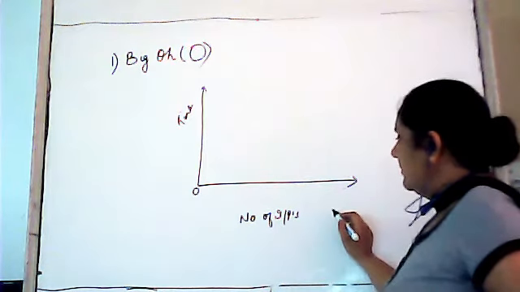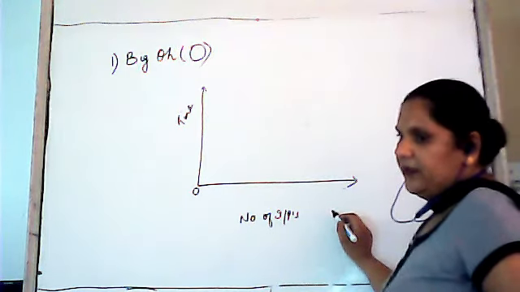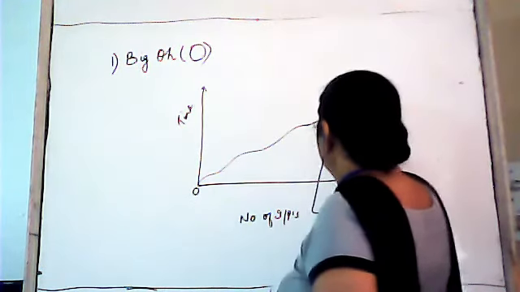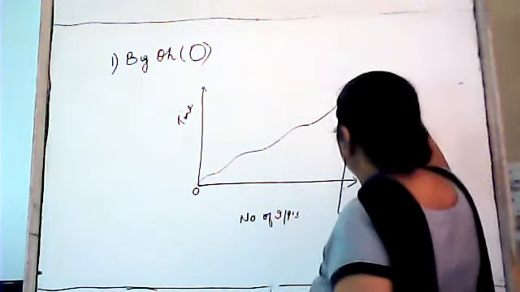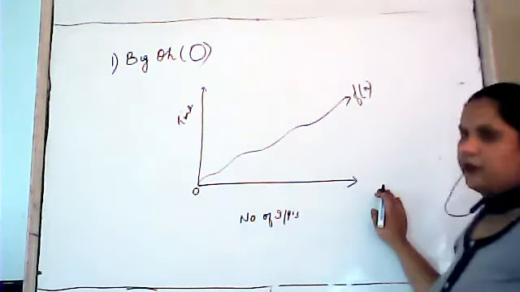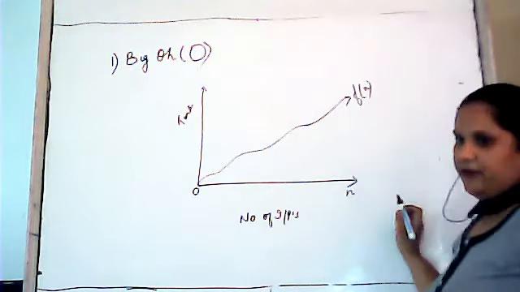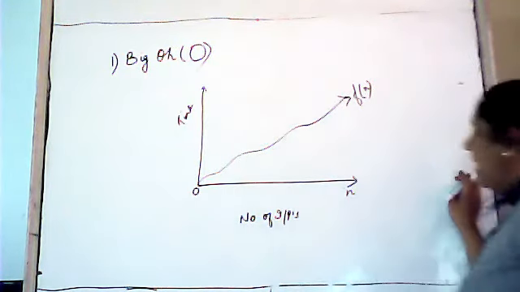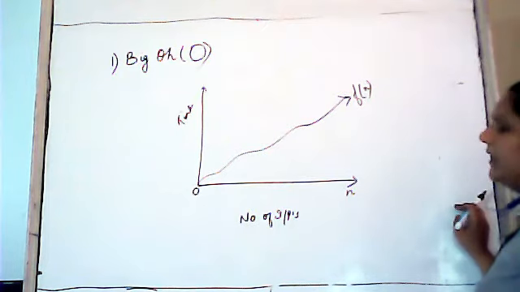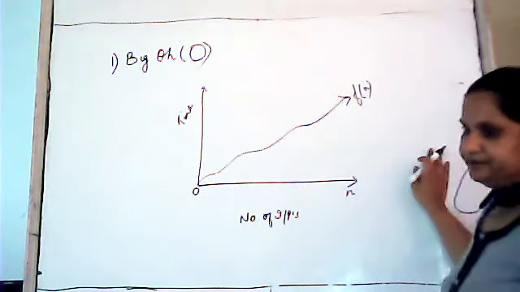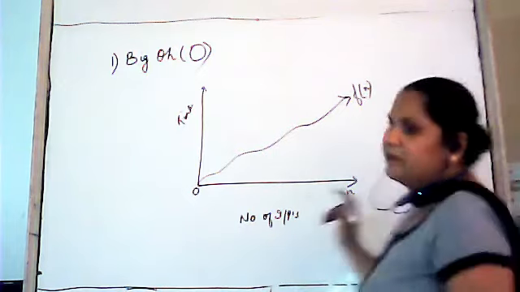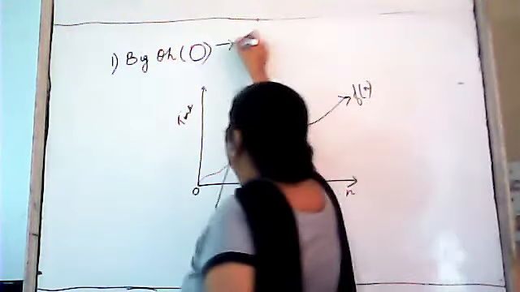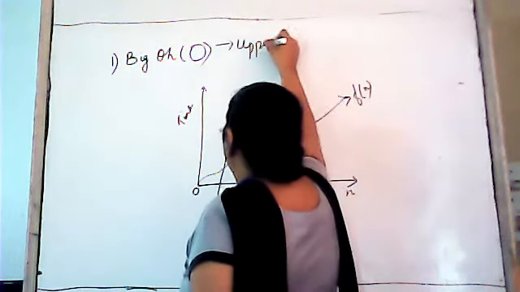As the input is increasing, the execution time will also increase. So I represented this function, which is increasing with respect to n inputs, as f(n). Okay. Now we have to find the function. Big O means maximum comparisons to be made. So that means upper bound.